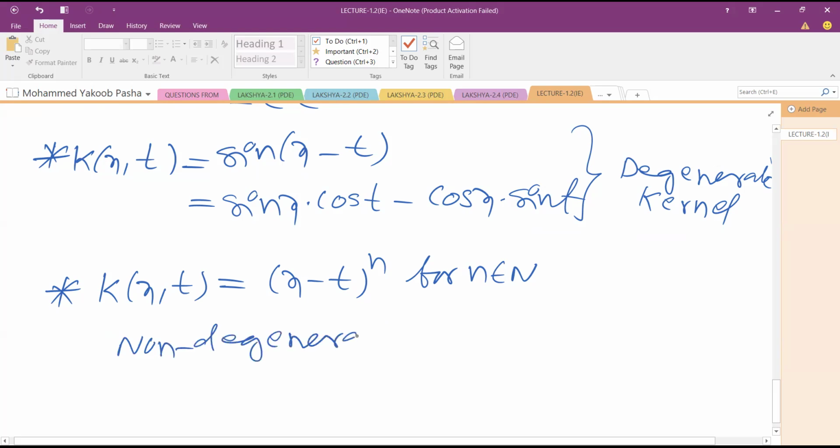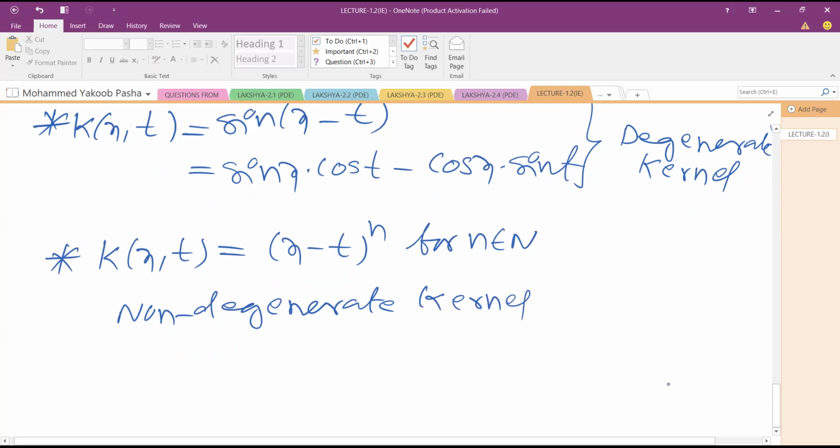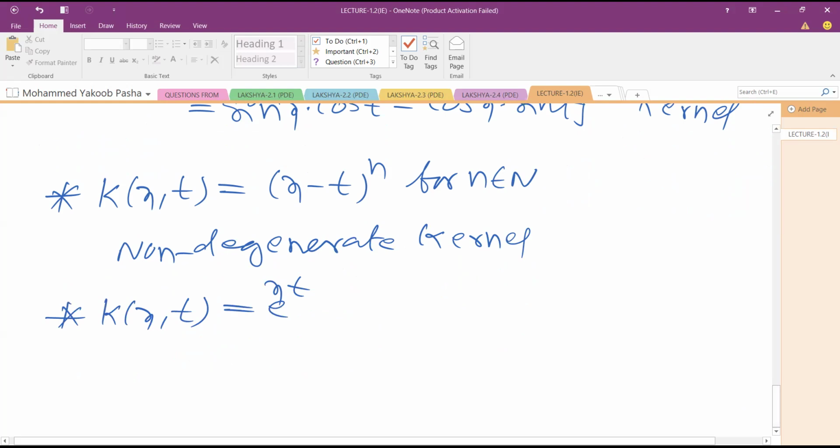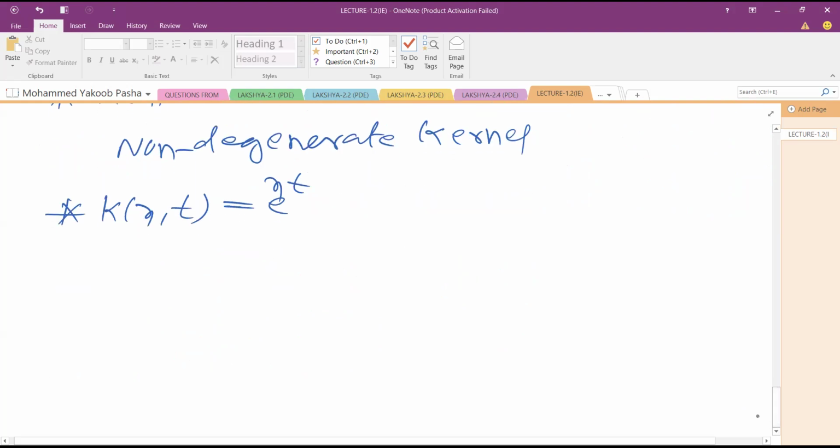Degenerate kernel, non-degenerate kernel. If we take another function, k of x comma t is equal to e to the power of x into t. Is it degenerate or non-degenerate? e to the power of x into t.